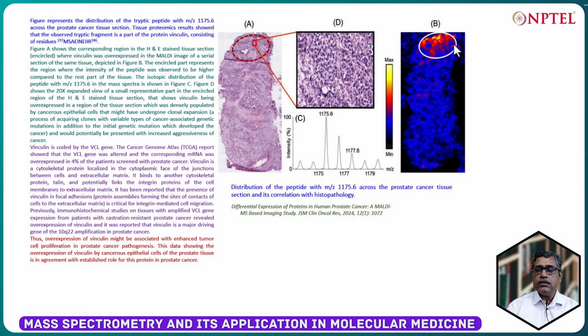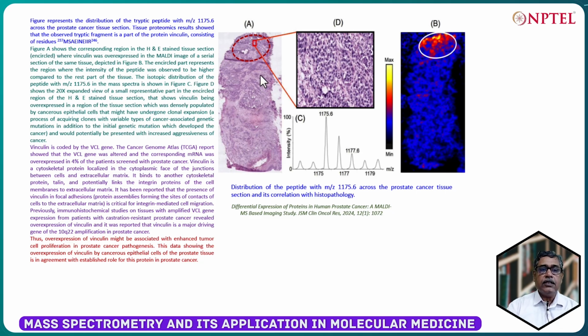So, this is basically the MALDI image of that 1175.6, the peptide originating from vinculin, and that peptide image reflects how vinculin, the protein, is distributed across the tissue.